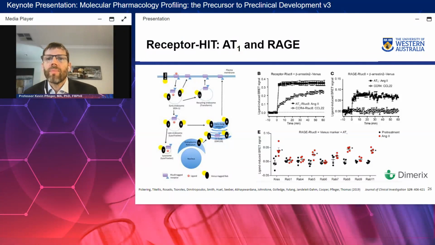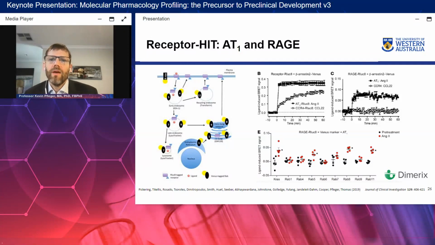However, the CCR4, even though it recruits arrestin well, we do not see proximity to RAGE when you have CCL22 activating CCR4 in the presence of RAGE Rluc8. So that's a nice negative control, illustrating that not every receptor seems to have this effect with RAGE, but certainly the angiotensin receptor 2 does.